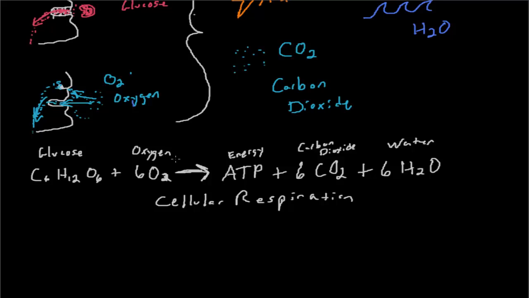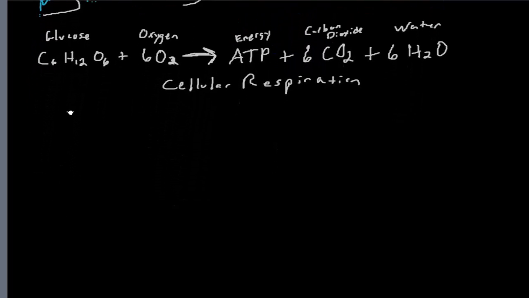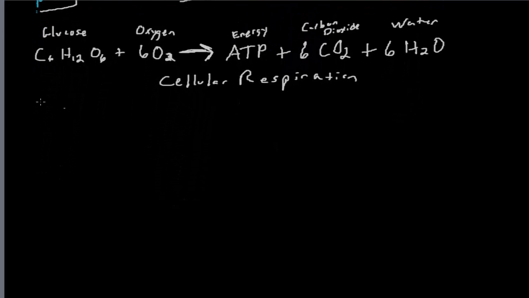Now, I'm reiterating this because I want you to look for a second at the one we did before for photosynthesis. Okay, photosynthesis, you had energy in the form of light, right? Plus, you had carbon dioxide.